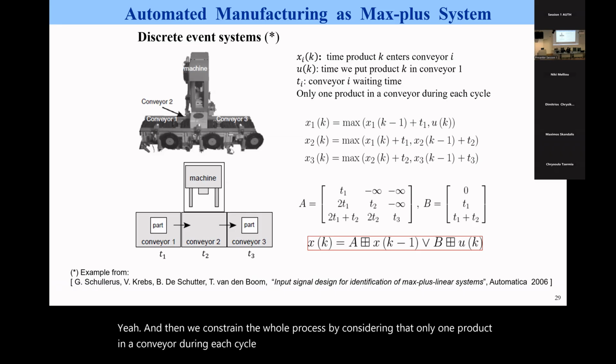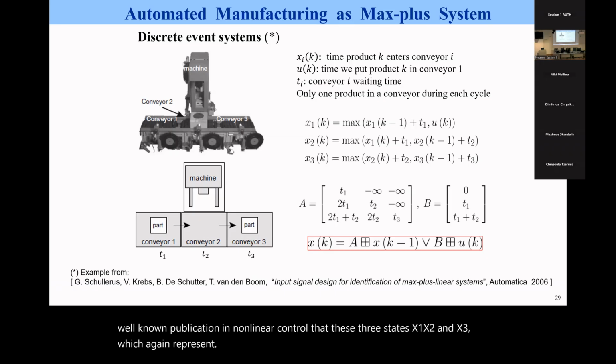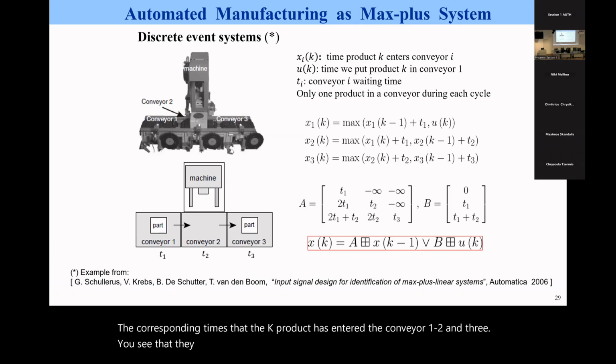So then it's fairly easy to follow this example from a well-known publication in nonlinear control, that these three states, x1, x2, and x3, which represent the corresponding times that the kth product has entered the conveyor 1, 2, and 3, evolve like a nonlinear dynamical system. And this nonlinear dynamical system is precisely of the max plus type.